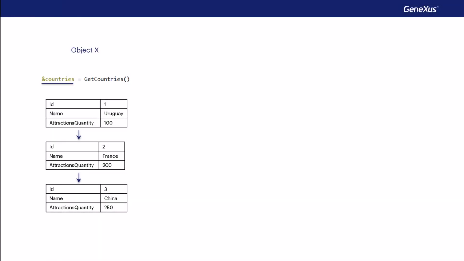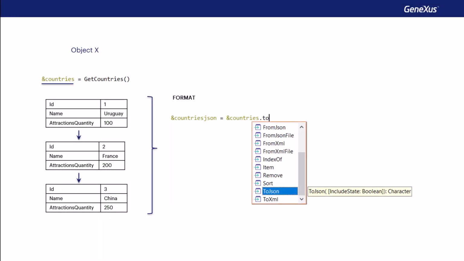Here, Genexus offers different conversion methods between SDTs and some of those other formats. If a new format for representing structured information becomes available in the future, the data provider will remain unchanged. Genexus will implement the conversion to that format and we will only have to use it.